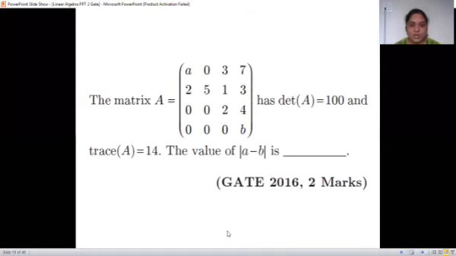Determinant we have discussed already. Determinant is nothing but the multiplication of all the eigenvalues. Then what is the trace of the matrix? Do you know that? Trace is nothing but the addition of all the eigenvalues.